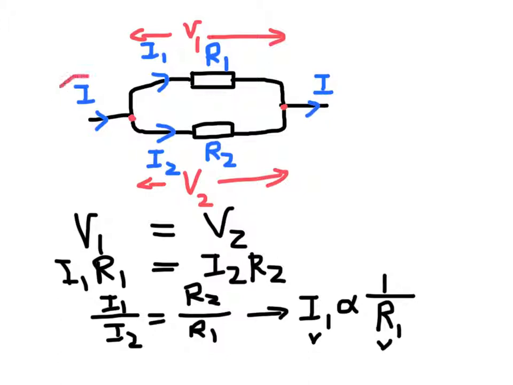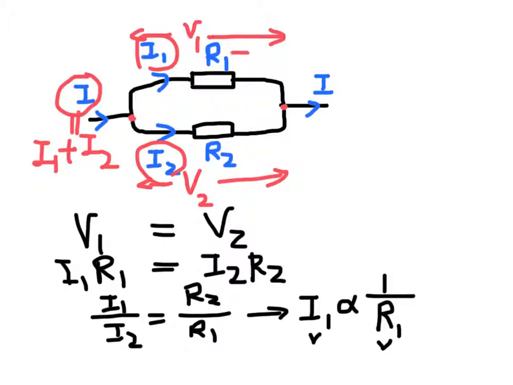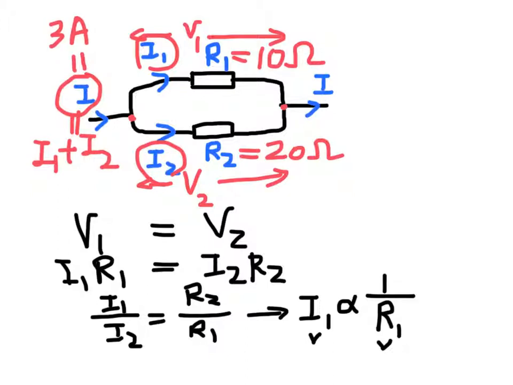Also, the total current I is equal to the sum of the branch currents I1 plus I2. For example, if R1 equal to 10 ohms and R2 equal to 20 ohms, and the main current is equal to 3 amperes, then we have I1 plus I2 equal to 3.